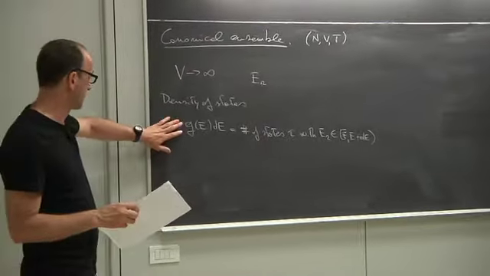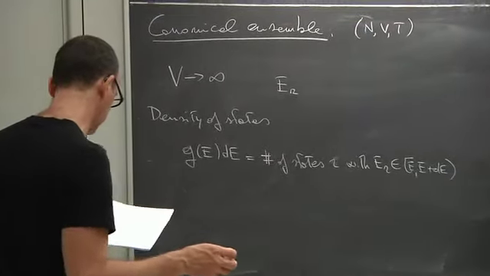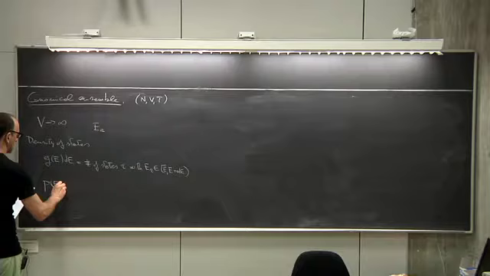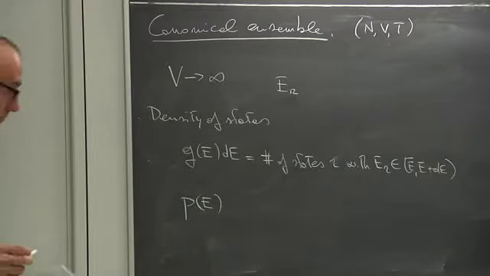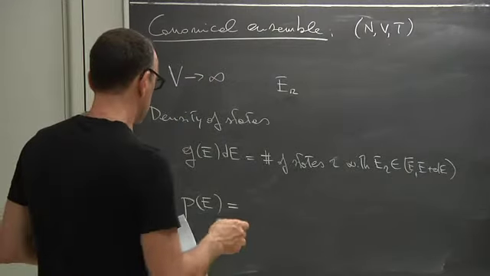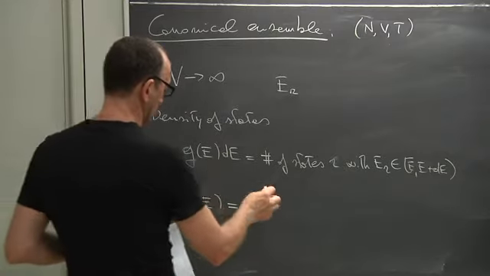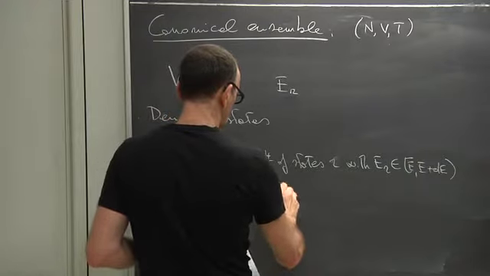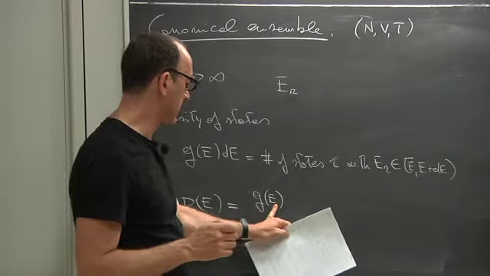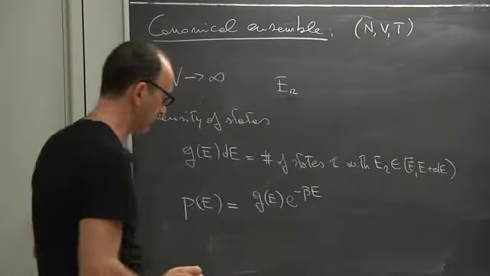So if I introduce this quantity, then the probability to find a state with energy E will be proportional to the number of states which have that energy E. Each of these states will have a probability proportional to e to the minus beta times the energy.